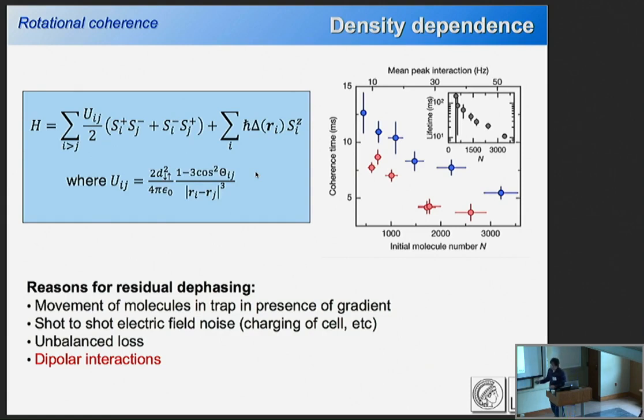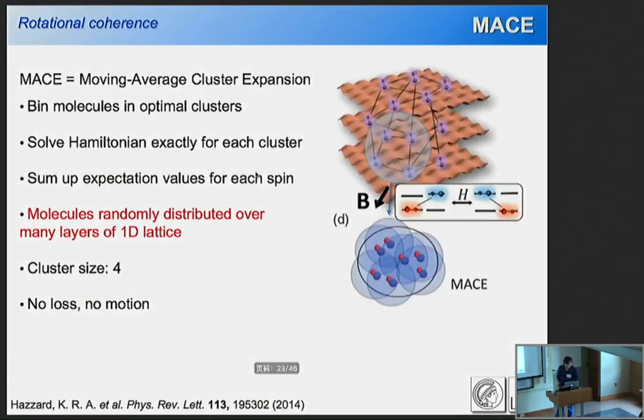First, there are a few possibilities that cause this dephasing or decoherence. First, you have inhomogeneity, like gradients. Second, electric field noise. If you have unbalanced loss, this reduces your T1. Also dipolar interactions. So we use a very simple model.